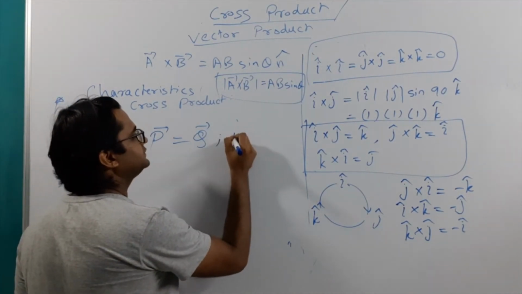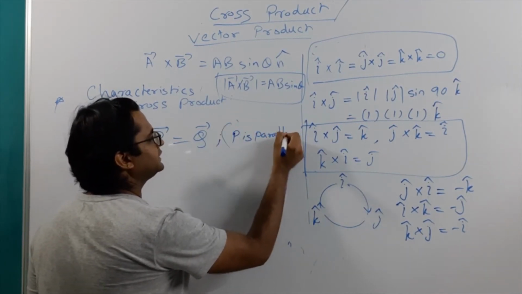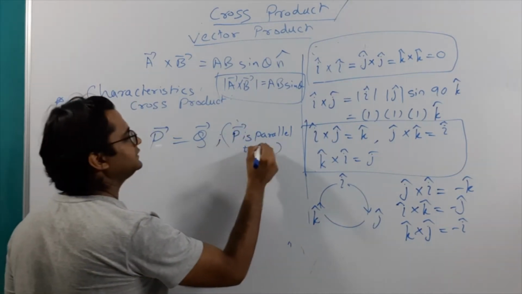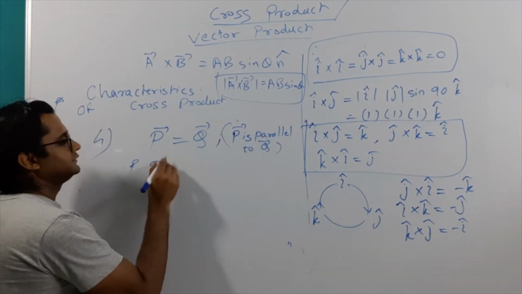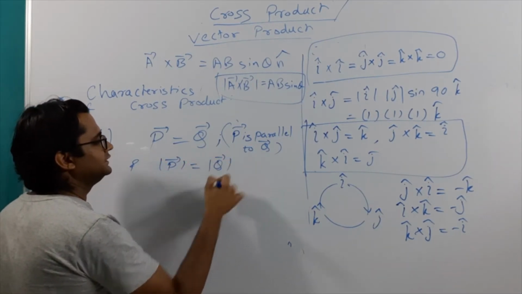This means p vector is parallel to q vector, and the magnitude of p vector is equal to the magnitude of q vector. This is what we know.